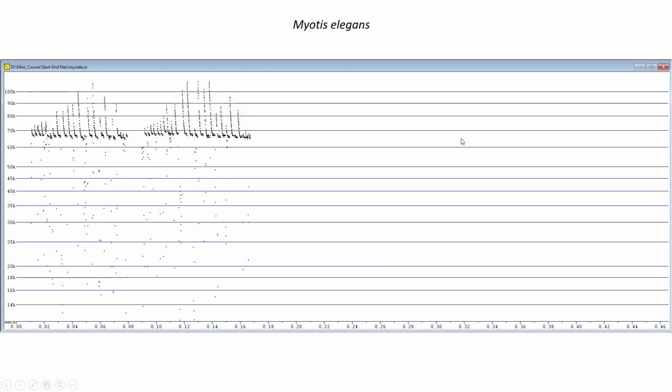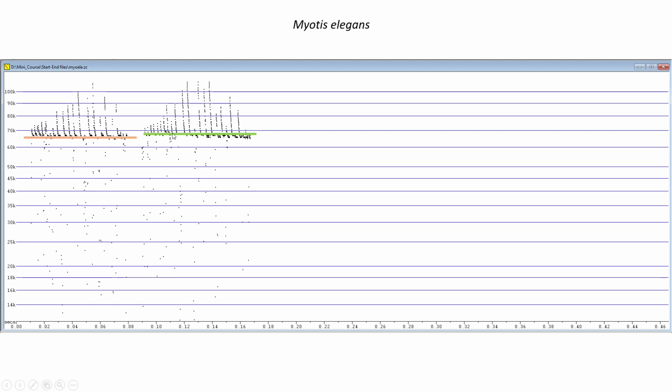Let's look at a smaller Vespertilionid, Myotis elegans. This is restricted to Mesoamerica and northern Central America, the little tiny guy. Those of you that are well versed with bat acoustics will probably immediately notice this is the same species, but they're at different frequencies. Of course they are. This is jamming avoidance. This guy was flying in here.